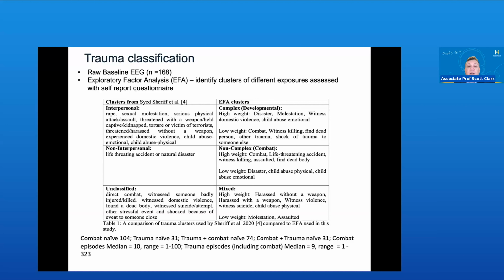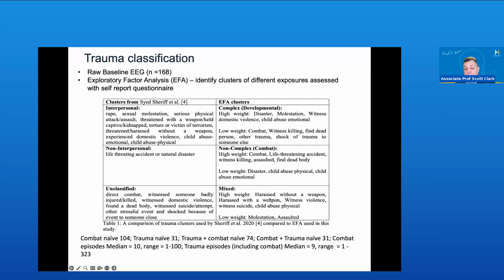for individuals. These clusters included a complex or developmental trauma cluster, which had high weighting for domestic violence and child abuse, a non-complex or combat trauma cluster, which had high weightings for combat, life-threatening accident, and witnessing a killing, and then a mixed trauma group, which had some physical child abuse but also some other exposures.